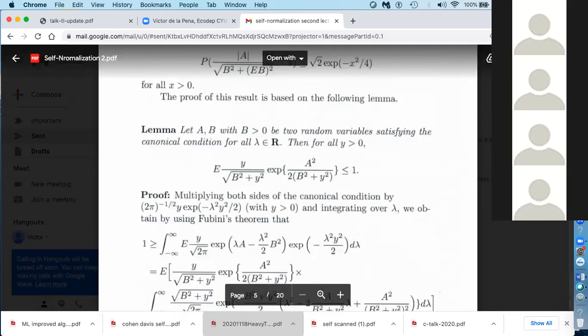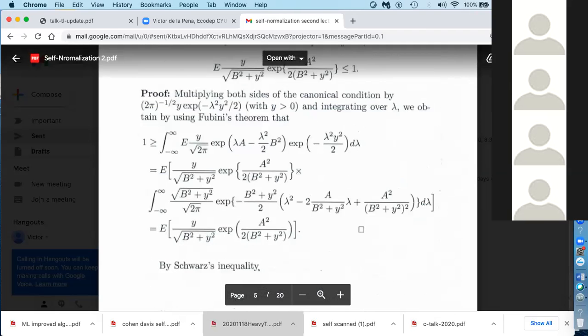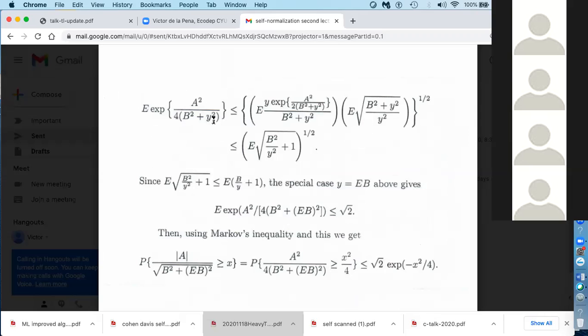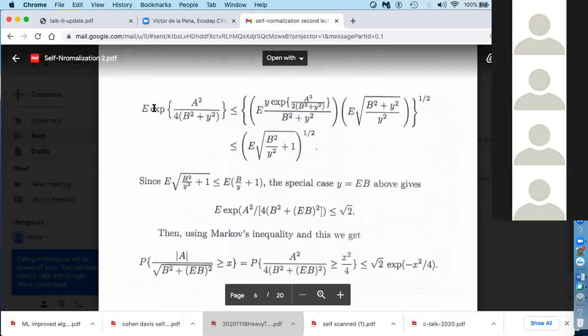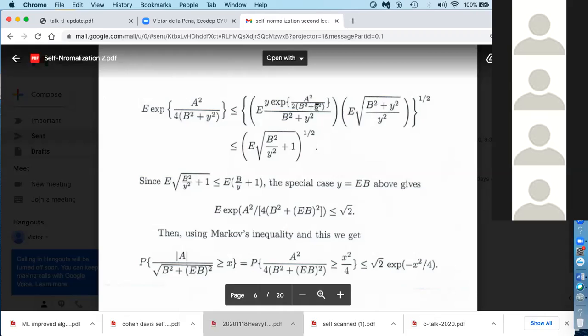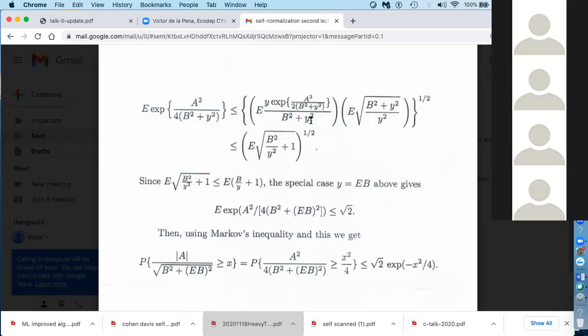So again, I have introduced the way of proving this inequality, and now we are going to use Cauchy-Schwarz, and we showed that the expected value of e to the a squared over 2b squared plus y squared is less than or equal to the expected value of y e to the a squared over 2b squared plus y squared over the square root of b squared plus y squared, to the 1/2, times the expected value of the square root of b squared plus y squared over y, to the 1/2.